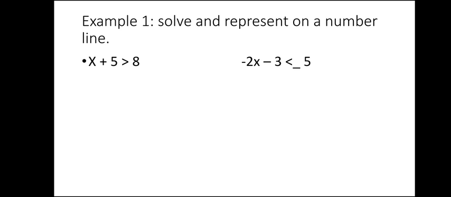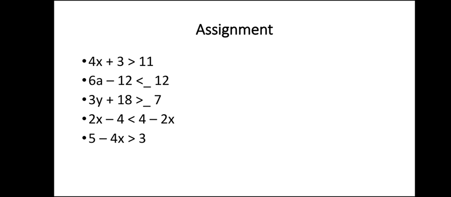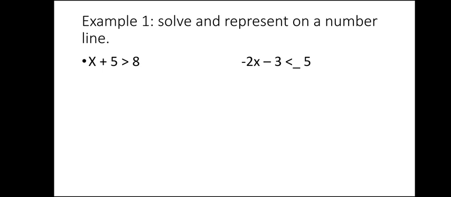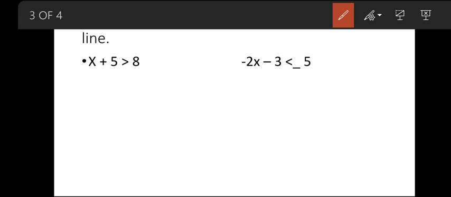Example 1 says solve and represent on a number line. We have two examples here, and let's solve the first one. It says x plus 5 is greater than 8, so we can subtract 5 from both sides using our normal simple equation method.